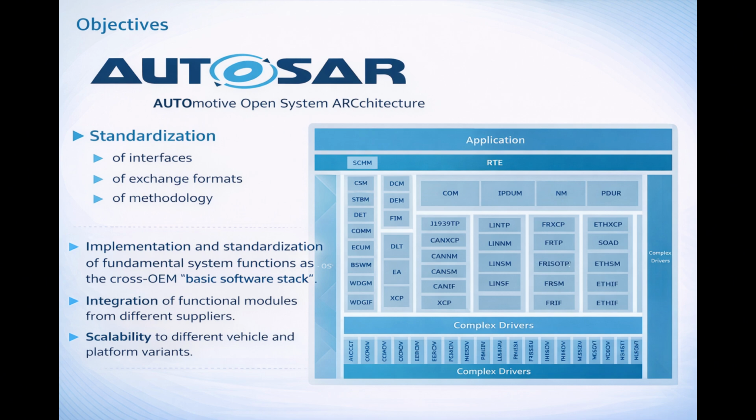I already mentioned this a little bit. When you have different parts of your software, different aspects of Autosar, you can buy them from different suppliers. You can develop your own if you follow the standard, and they will talk to each other without any major problems.